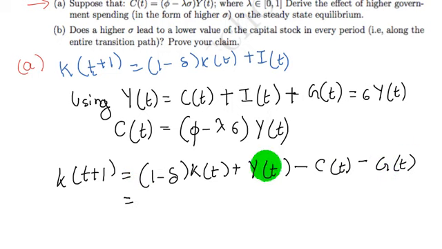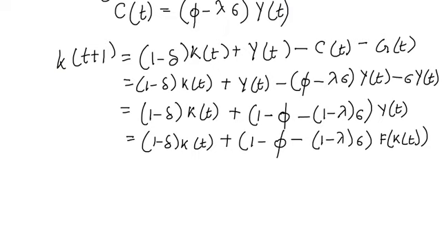Now we'll simplify this. I'll do this beforehand so that it becomes easier and faster for you to see. 1 minus delta kt plus 1 minus phi minus 1 minus lambda sigma f kt will be our final option. Now, in steady state, k star equals k t plus 1, which equals kt.